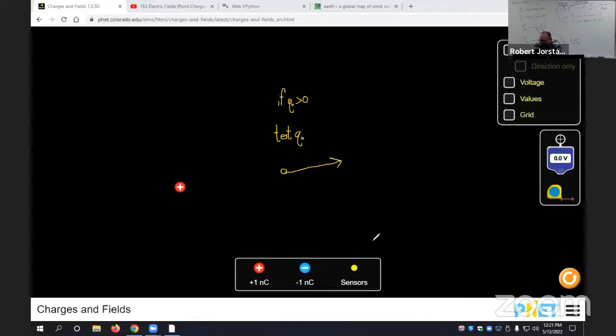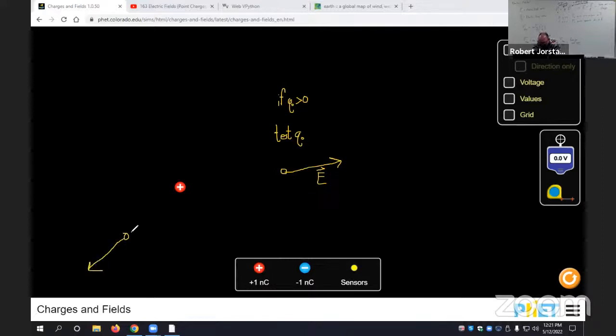Well, since I know this charge is positive, I know the force and the field associated with the electric Coulomb force point the same way. So this is the direction the force would be if the test charge was positive. Therefore, this is the direction of the electric field, right? If I put it in a different spot, the electric field would be this direction.